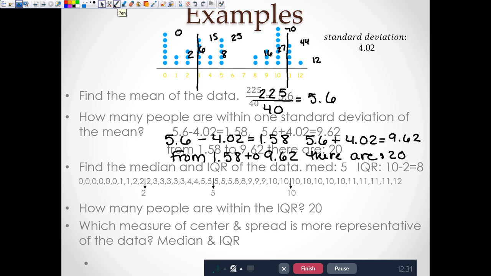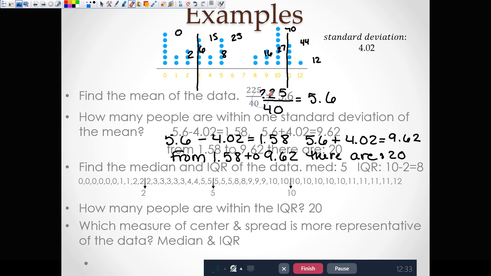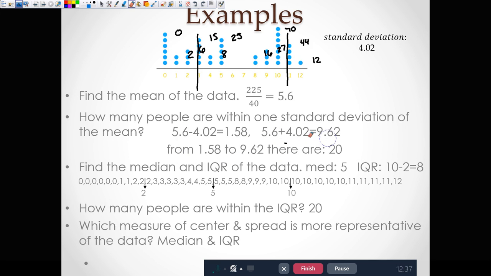All right. So I list each number out. I found my middle, which is 5, my median. My median is 5.